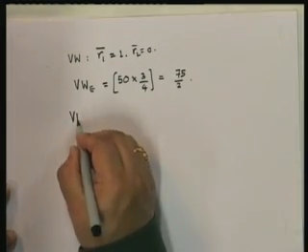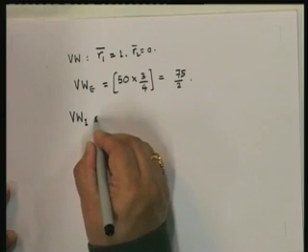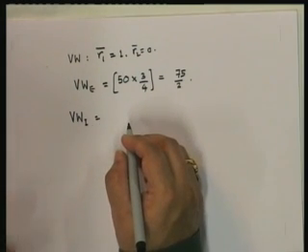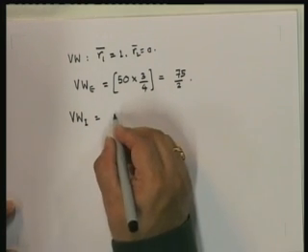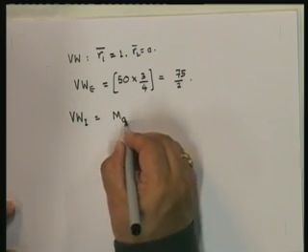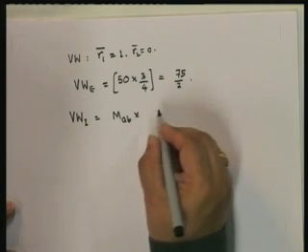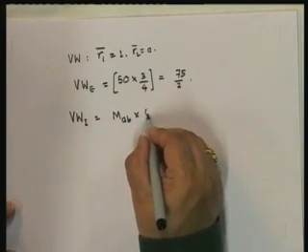Now internal virtual work. The internal virtual work is done by all the moments undergoing the rotations. One moment is MAB. What is the rotation that it undergoes?